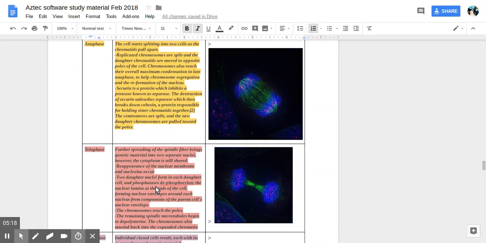The phosphatases dephosphorylate the nuclear lamins at the ends of the cell, forming nuclear envelopes around each nucleus from components of the parent cell's nuclear envelope.